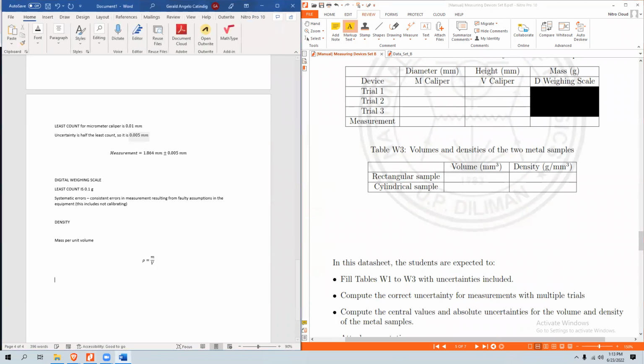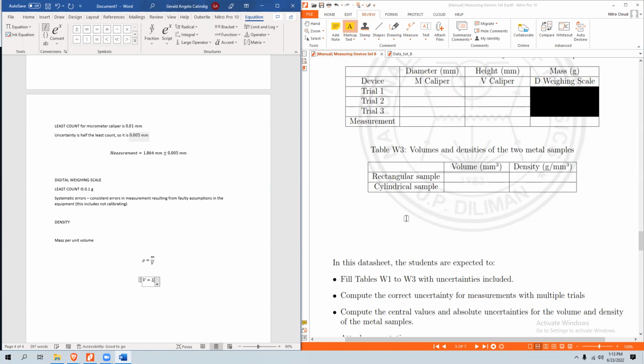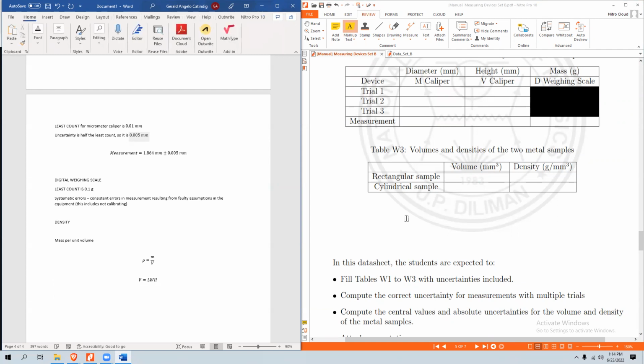So here you will be doing multiplication. So of course, your volume is your length with height. So how do you calculate that? So you will have to determine yung uncertainty using multiplication and division. Parehas lang naman yan.